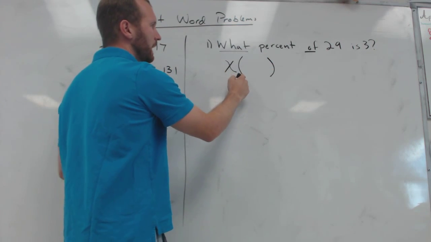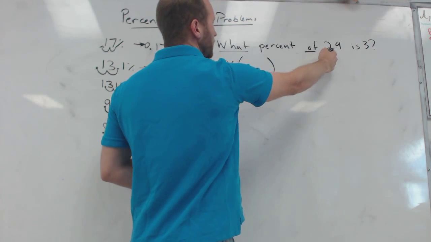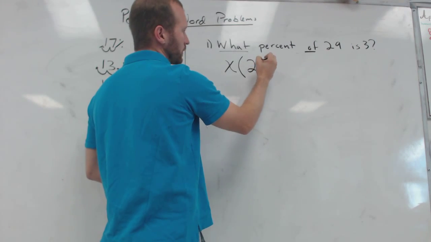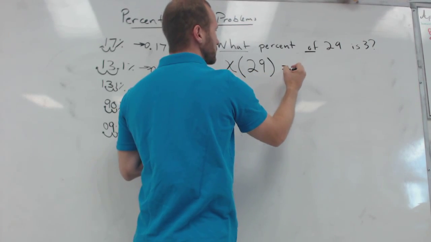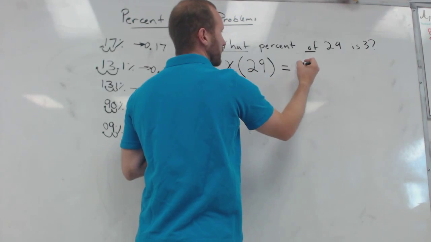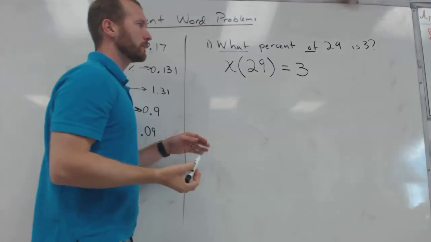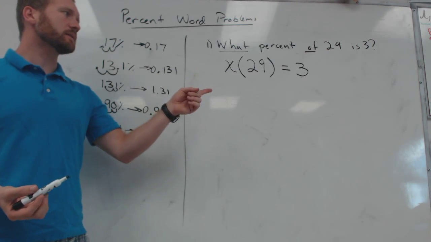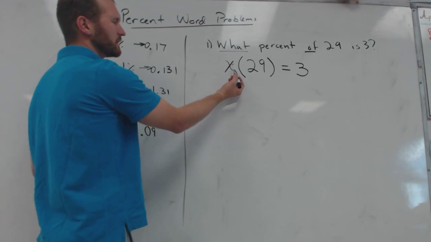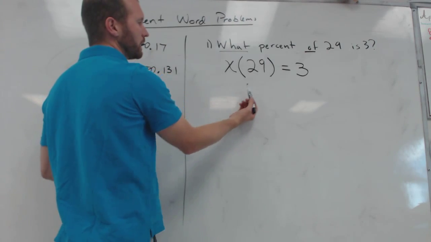So x times 29, that's just simply the number 29. And then is equals. 3 is 3. Okay. To solve this, we have x times 29 equals 3.